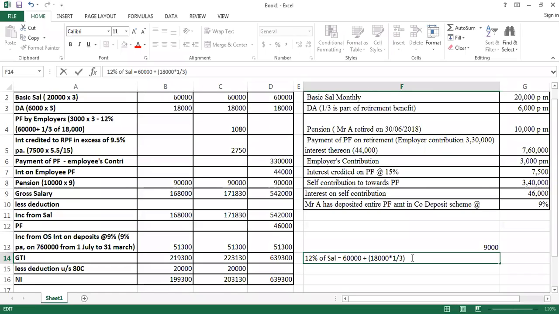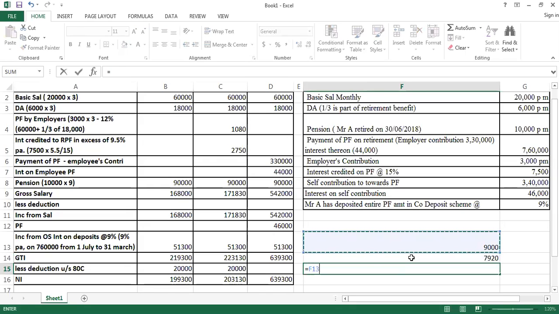Whatever answer you get, multiplied by 12%, will be 7,000 odd. Yes, sir, 7,920. So this value will be 7,920 rupees.